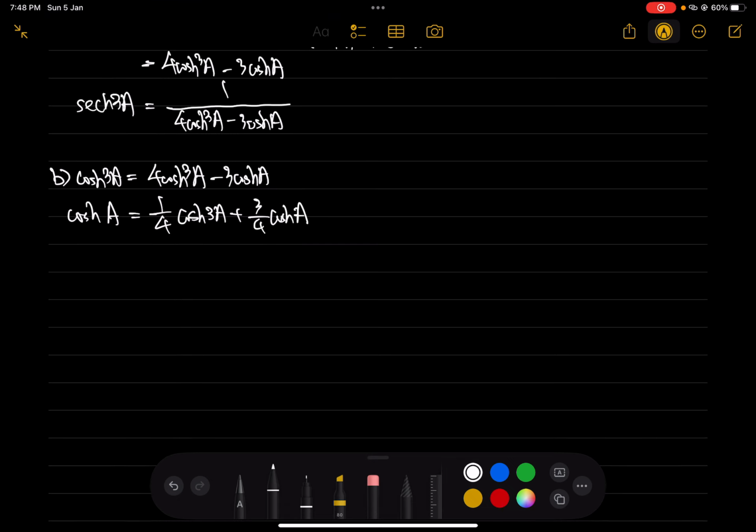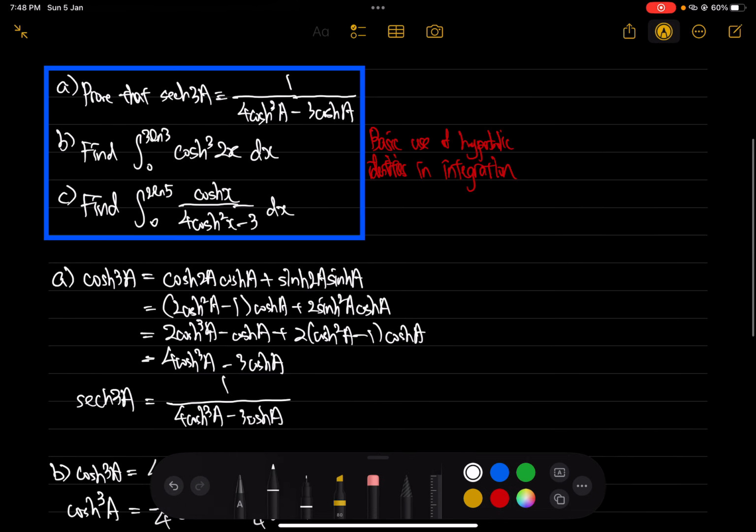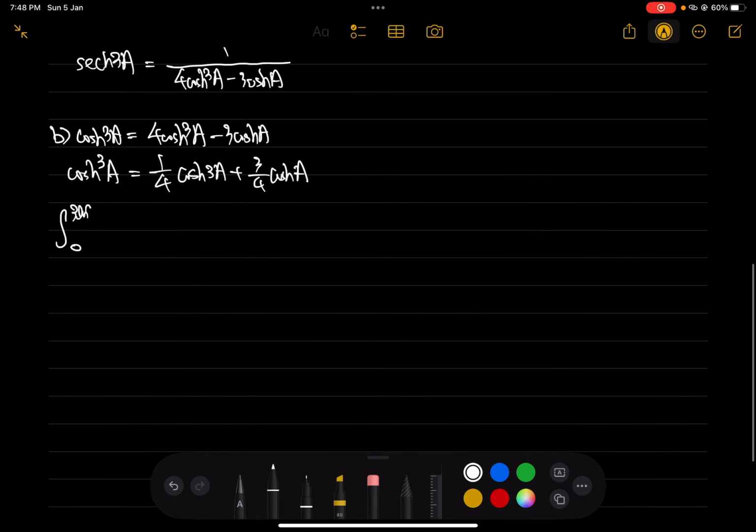Okay. So now we have integrating this term. It's just integrating from this to that.